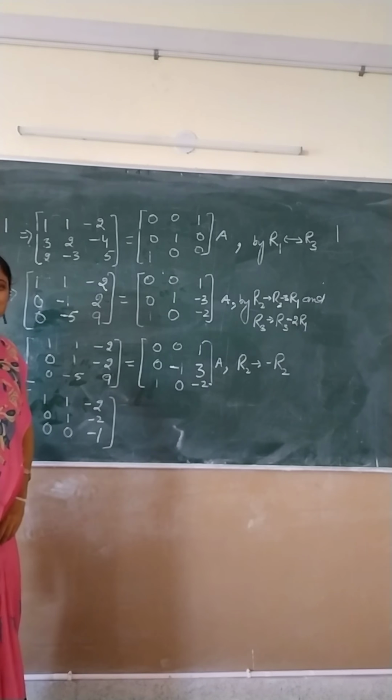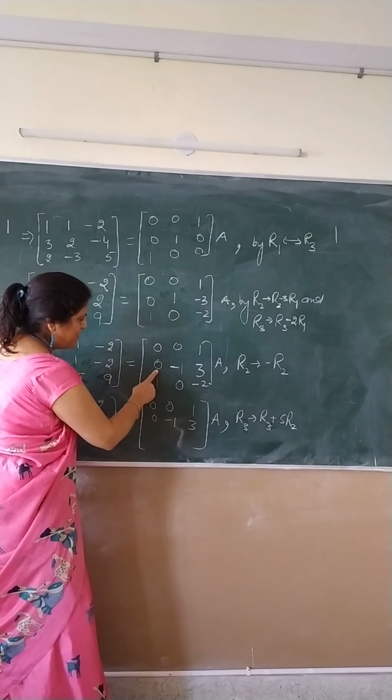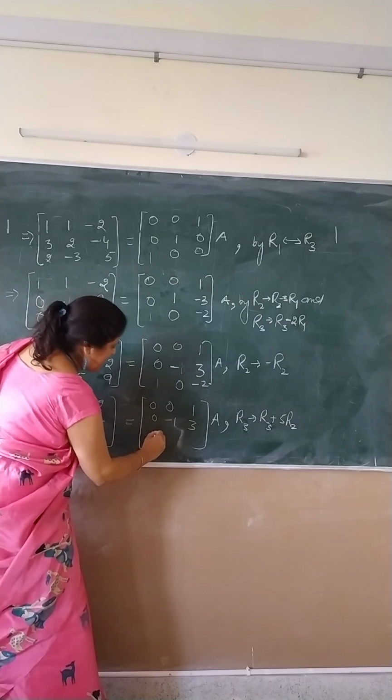So, first row, 0, 0, 1. Second row, 0, minus 1, 3. Third row, multiply by 5, add 1. Multiply by 5, add minus 5. Multiply this by 5, add.